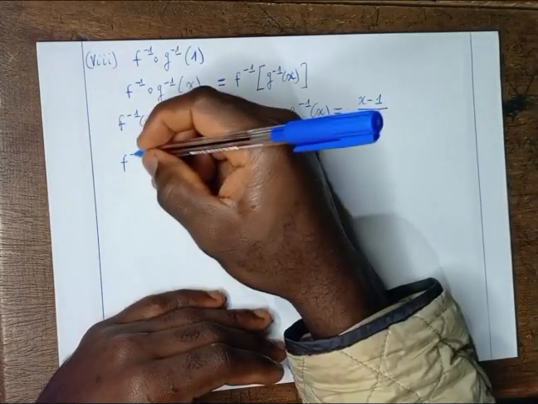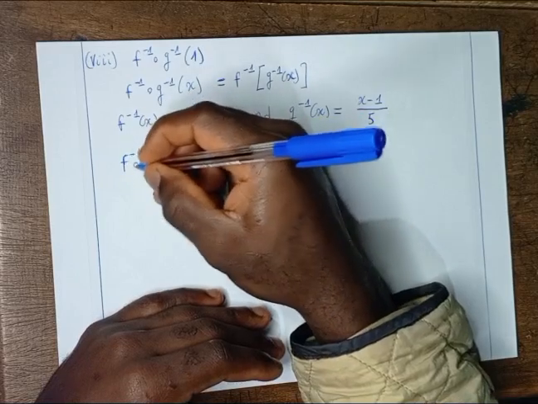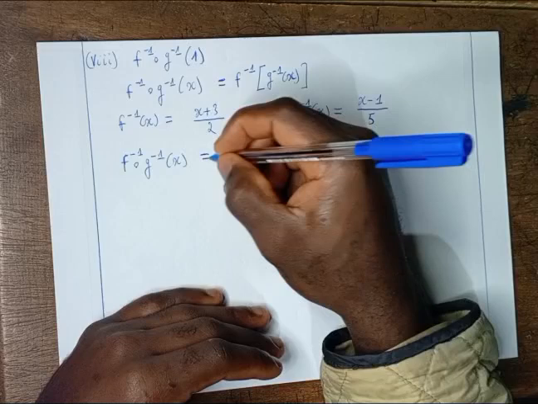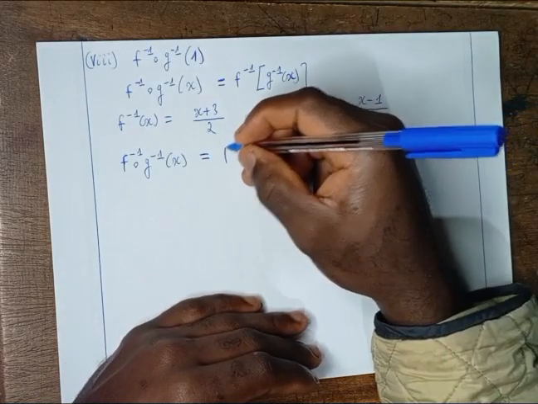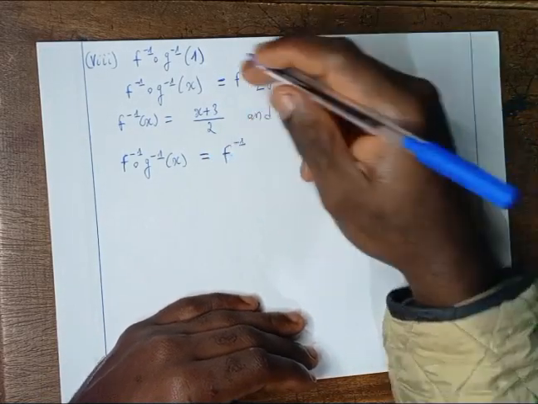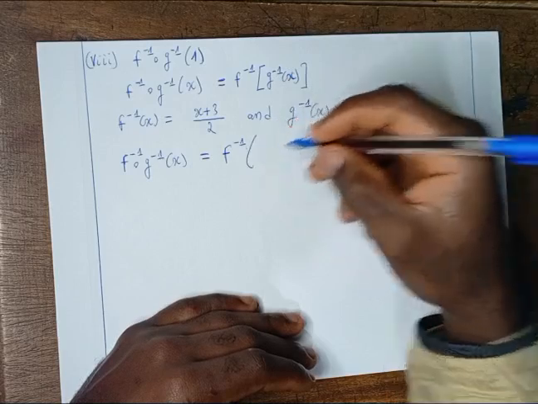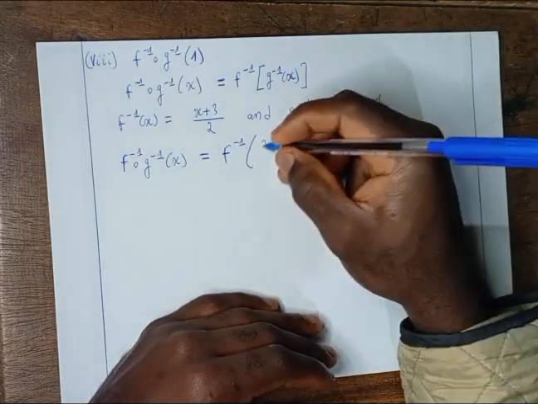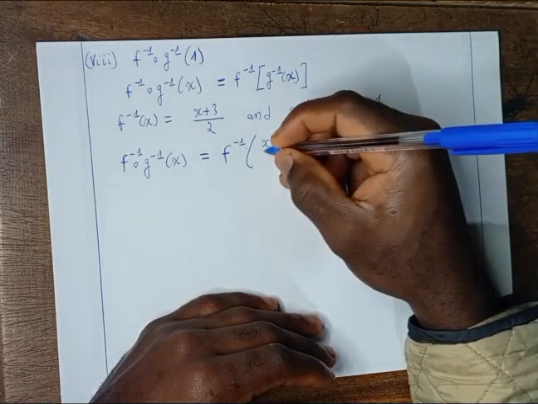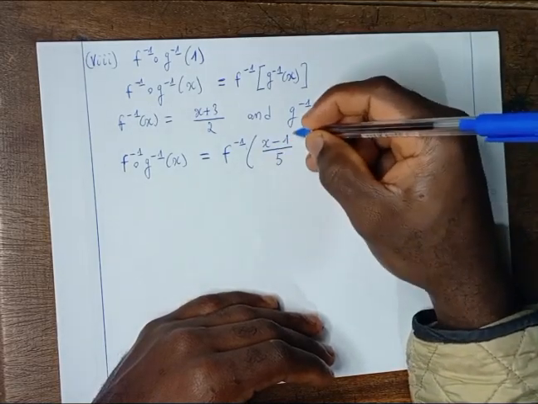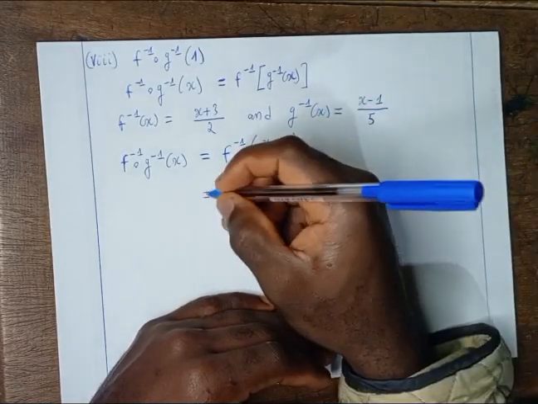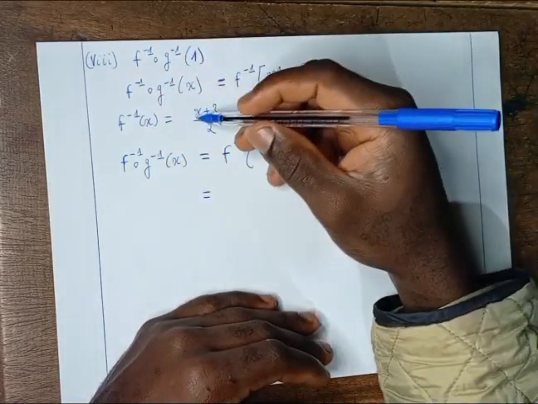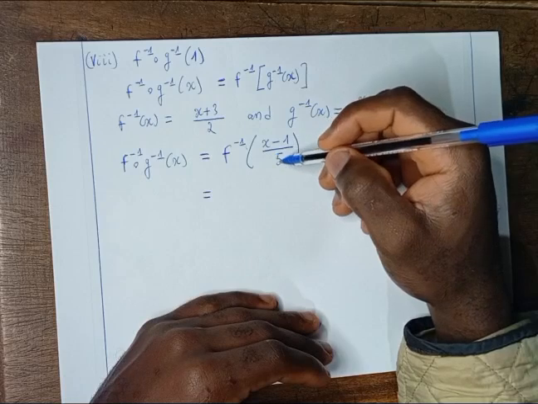So f inverse of g inverse of x is simply equal to f inverse of, we have to replace x with g inverse of x. G inverse of x is x minus 1 all over 5. This is simply equal to, in the function f inverse of x, anywhere I see x, I'll replace x with x minus 1 all over 5.